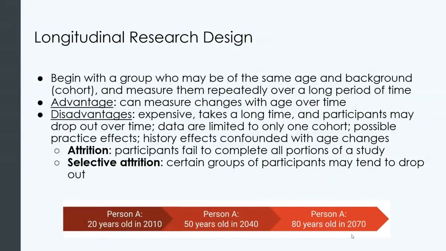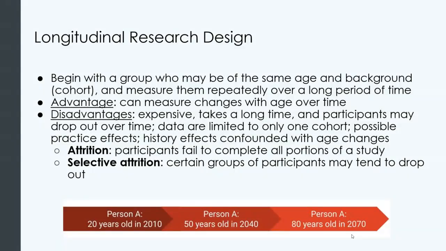There are many disadvantages because this kind of research is expensive. Somebody's got to have grants that are going to last many, many years. And hopefully the researcher also lasts many, many years. You'll have many subjects possibly drop out over time or pass away. Maybe you're just looking at that cohort, and maybe there was something unique about the 20-year-olds that went through COVID, for example.